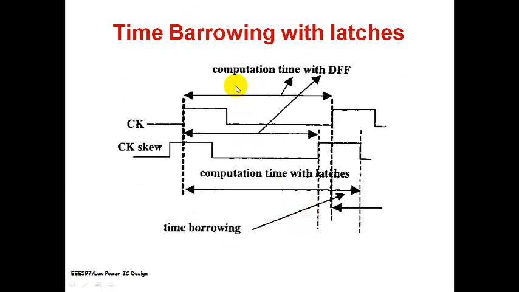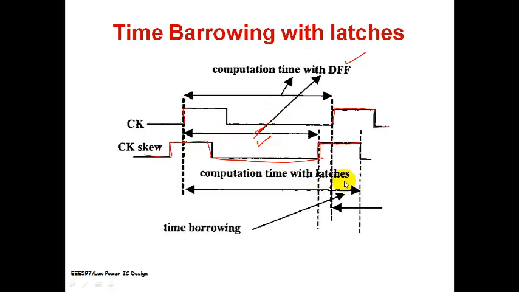We see the same figure with more comparison between flip-flop based and latch based here. As you see, the clock, what I have operating, if the clock had come in time. But because of the skewed clock, I have this coming early, and as I showed in the previous figure itself, my computation time as related to the flip-flop, D flip-flop with the master and slave structure, I have only this much of time.